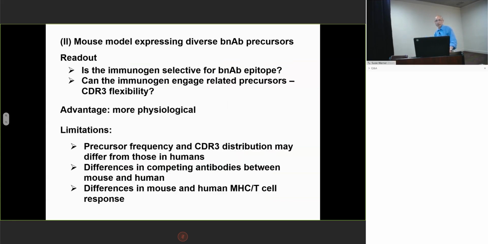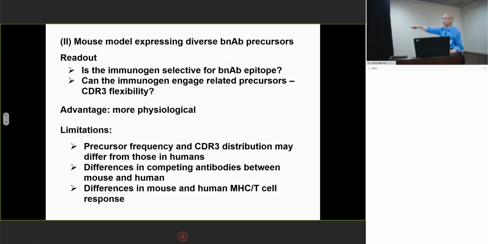So if you get this kind of mouse model, what would be the result? These kinds of models can be used to test whether your immunogen is selective for the bnAb epitope. You have competing antibodies in this case, and also you have diverse CDR3s. So you can also ask whether the immunogen can mobilize diverse precursors with related CDR3s.